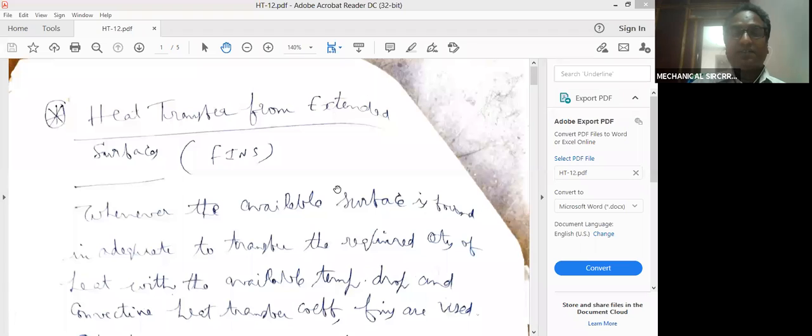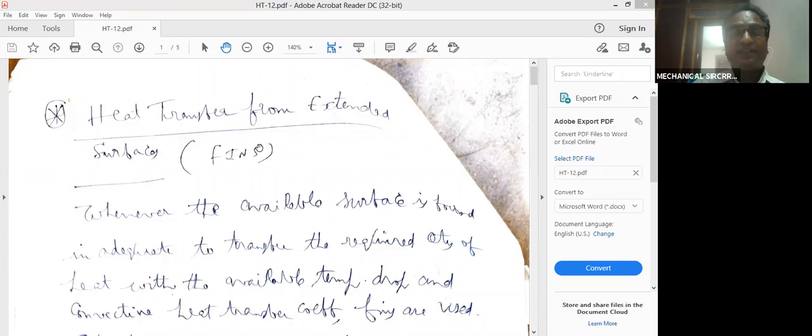With that, I am closing one-dimensional heat transfer analysis, covering the single plane wall, composite wall, cylinder, sphere, and the critical thickness of insulation.